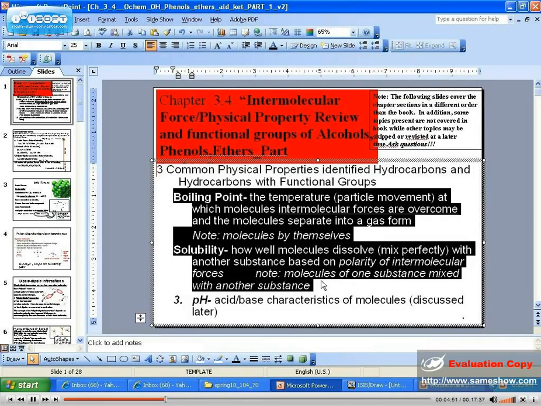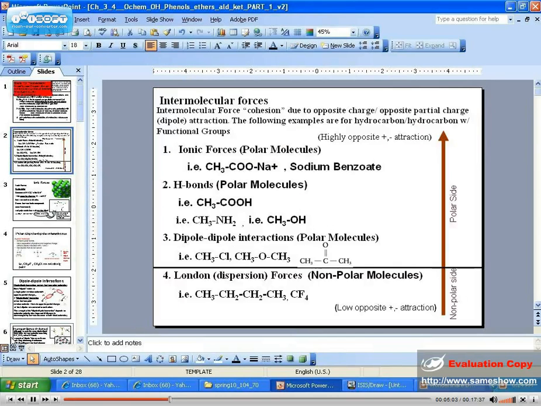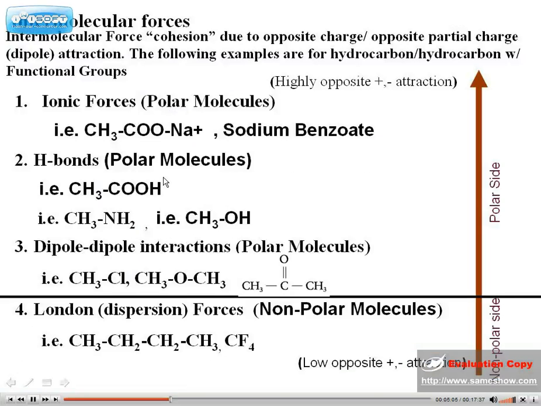To do this, though, we need a background on intermolecular forces. What intermolecular forces are present? This gives us insight into boiling point and solubility. So, going to slide 2. Here are the 4 general intermolecular forces you have to learn for this class. Yes, there are other ones, but those are the 4 you have to learn.